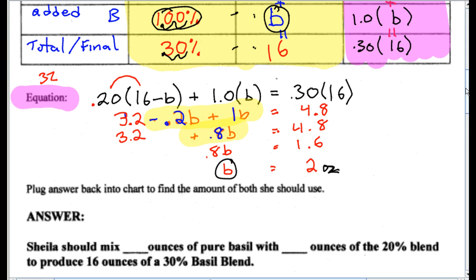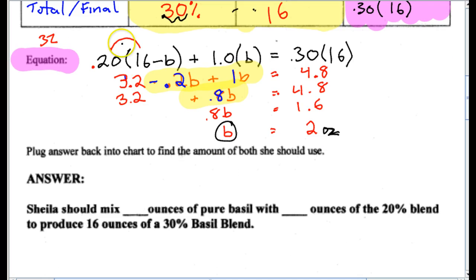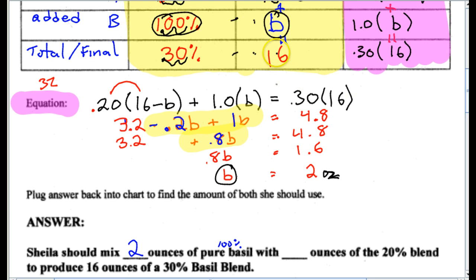And I have a sentence frame down here on the bottom. We should mix 2 ounces of the pure basil, that's 100%, right? With how many ounces of the 20%? We know it adds up to 16, right? And now we know this is 2.